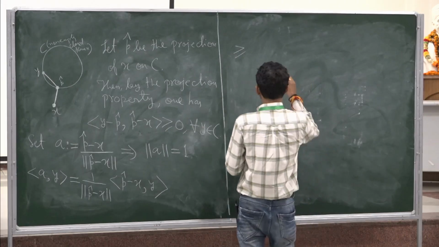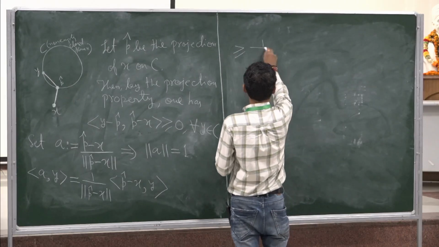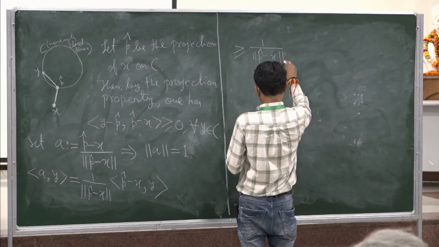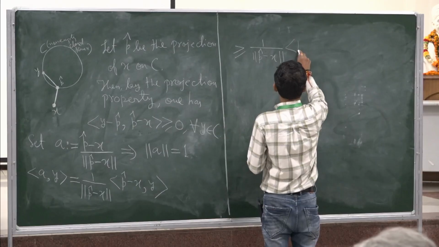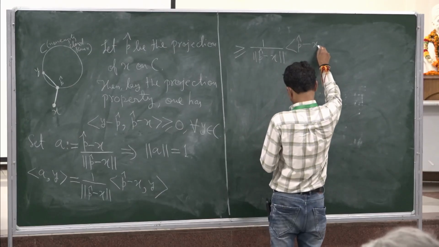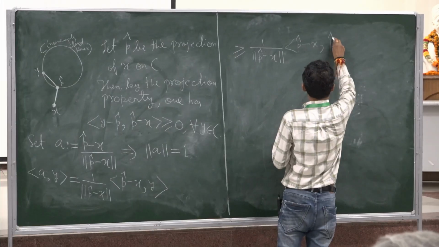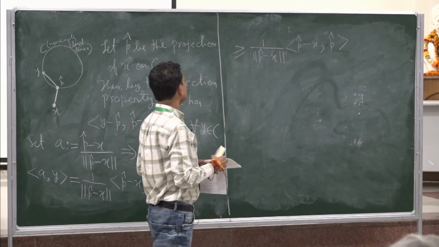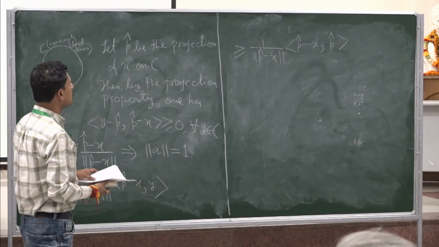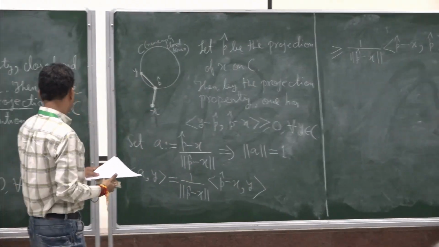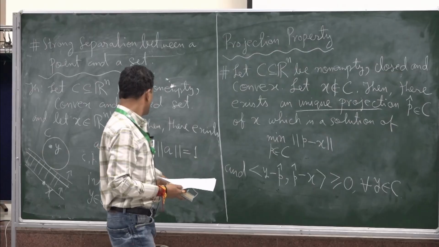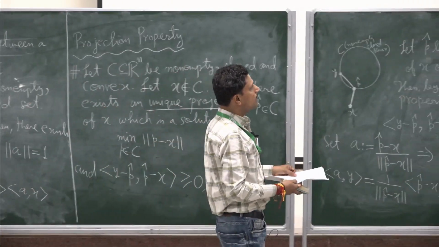So this is greater than or equal to 1 upon the norm of p hat minus x times the inner product of p hat minus x and p hat, right? So this a y is actually greater than this number.